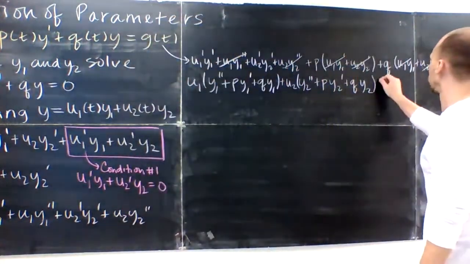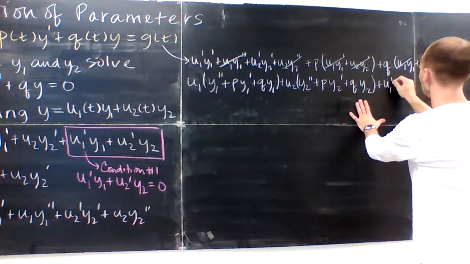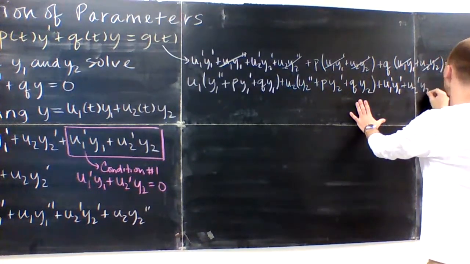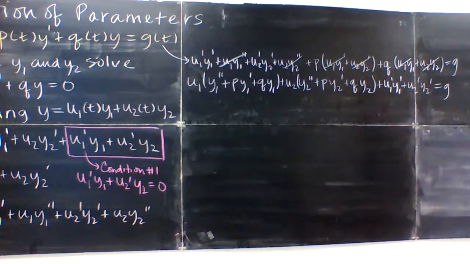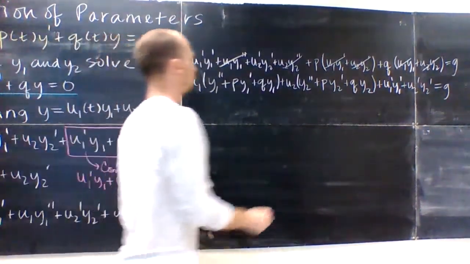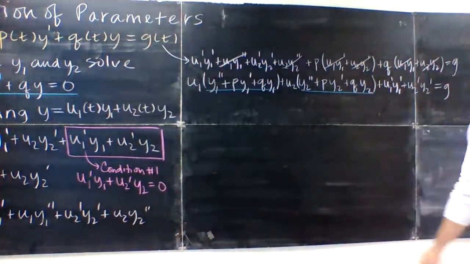So plus u1 prime y1 prime plus u2 prime y2 prime, and that's also equal to g. But if we know that y1 and y2 solve the homogeneous equation, then it must be the case that these two groups equal 0.